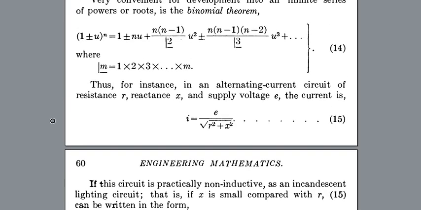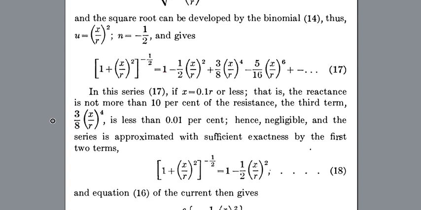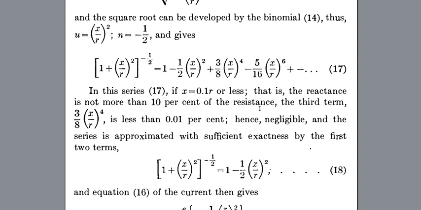In this series 17, if X equals 0.1 times R or less, that is, the reactance is not more than 10% of the resistance, the third term, 3/8 multiplied by the fourth power of the fraction X divided by R, is less than 0.01% and hence negligible.